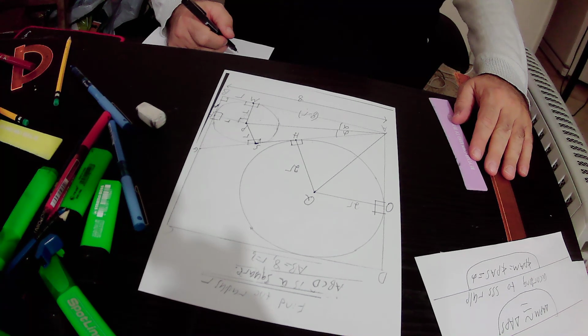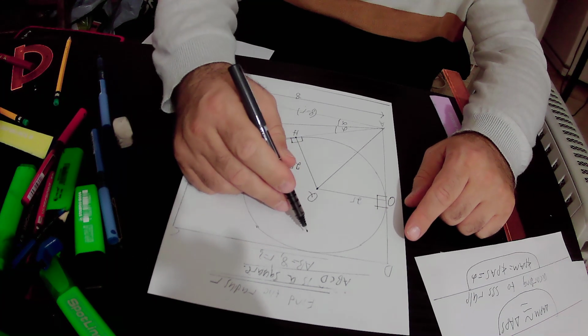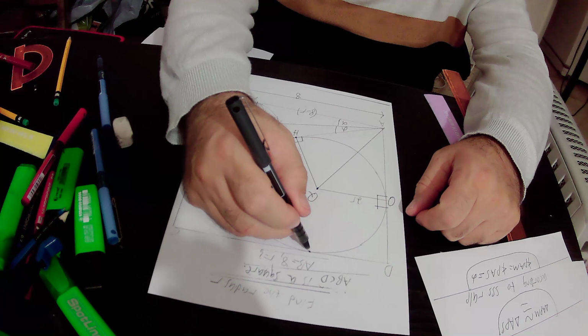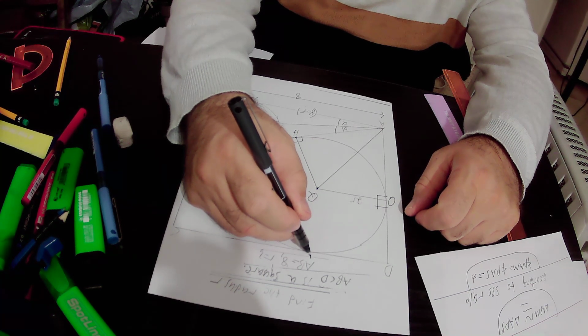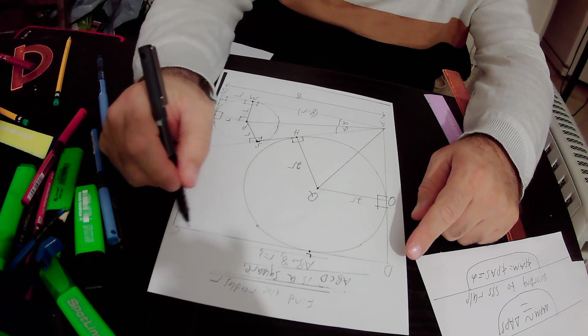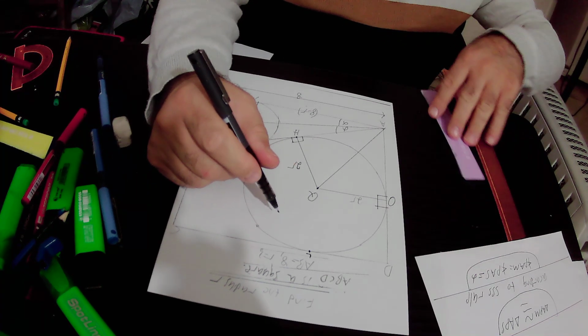In the next step, we will define the touching point between tangent DC and this big circle as point L. This point L is the point of tangency of tangent DC with this big circle.